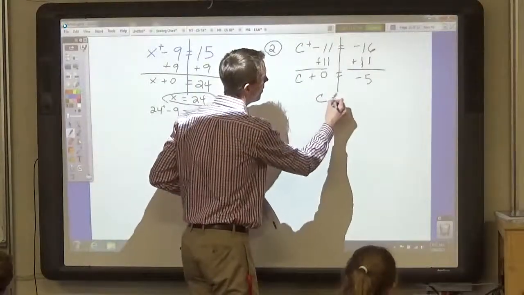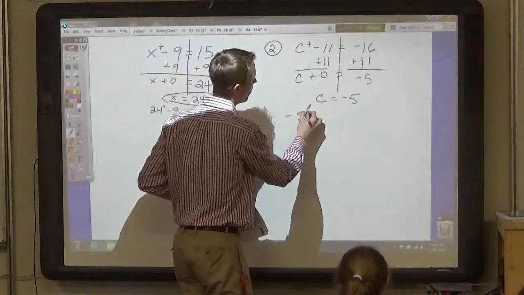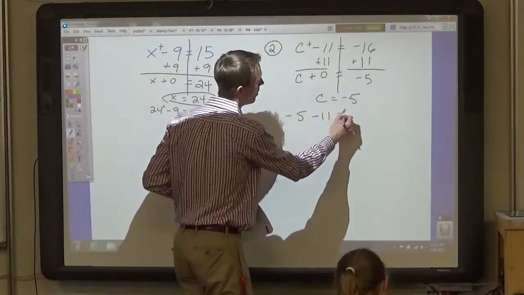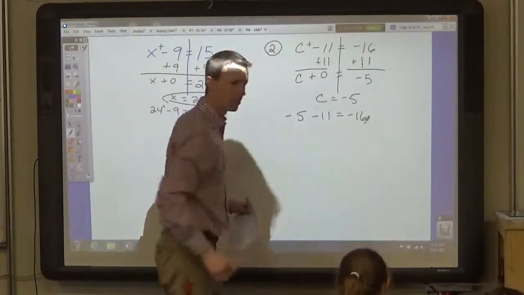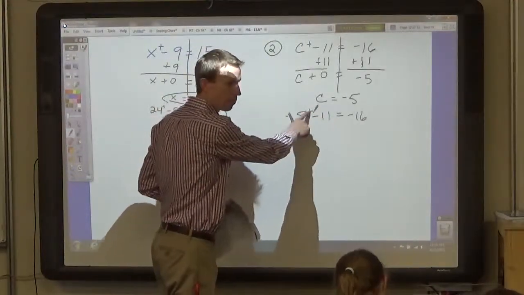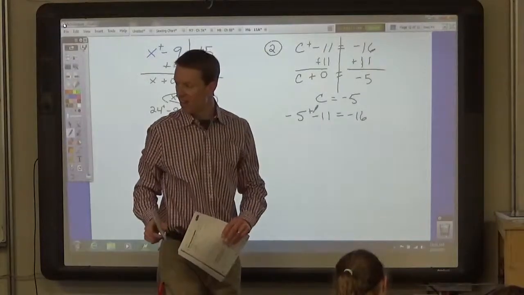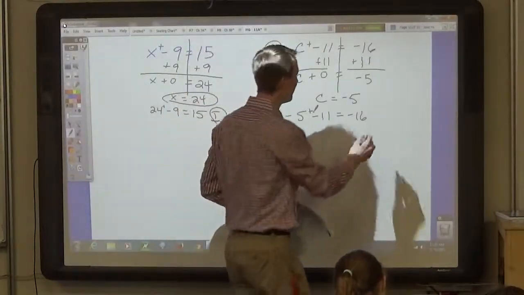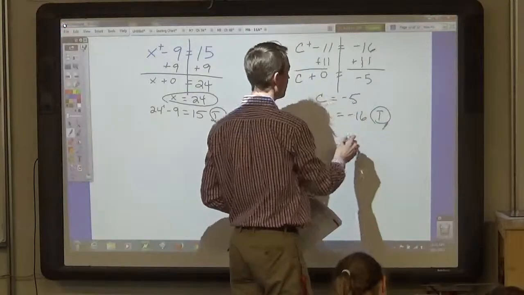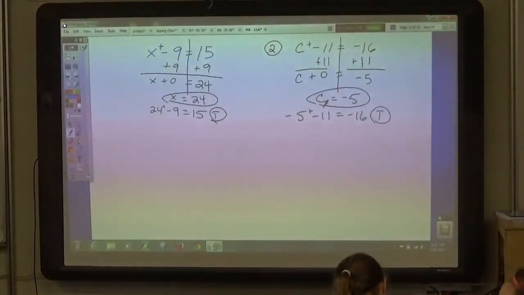So C is negative 5. Now, when we check it, negative 5 minus 11 is negative 16. Negative plus negative is more negative. Right? True. And circle your solutions.